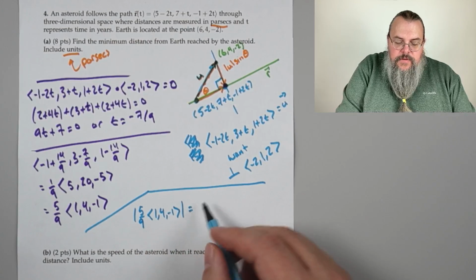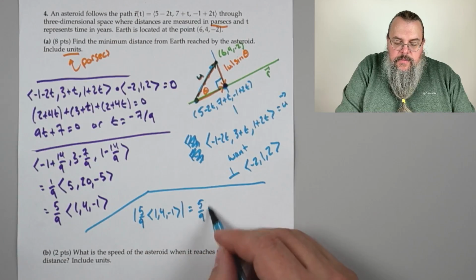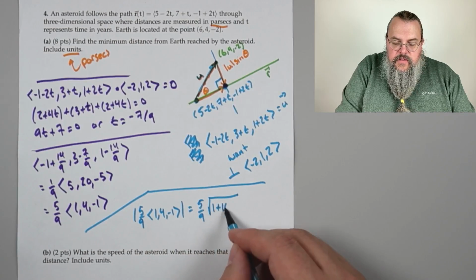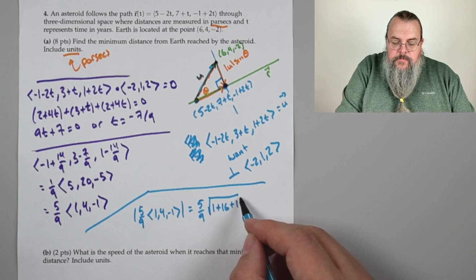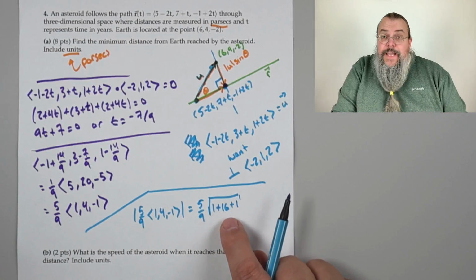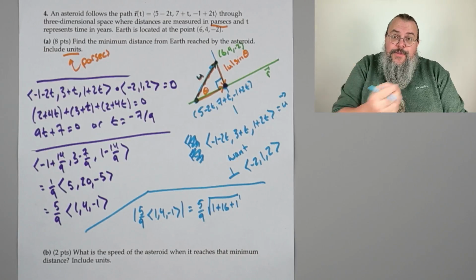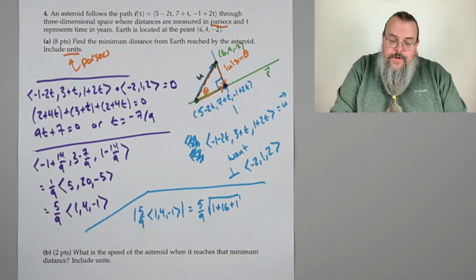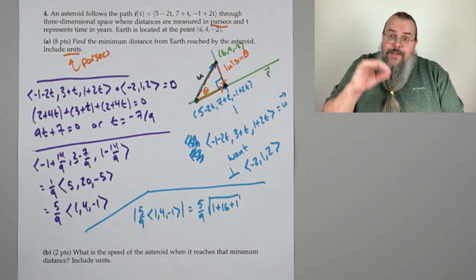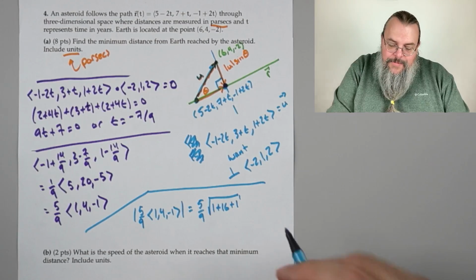That will give us 5/9 times the square root of 1 plus 16 plus 1. That's square root of 18. And the square root of 18, you can pull out a 3, and then you're left with square root of 2. When I say pull out 3, it's 9 times 2, and square root of 9 is 3.